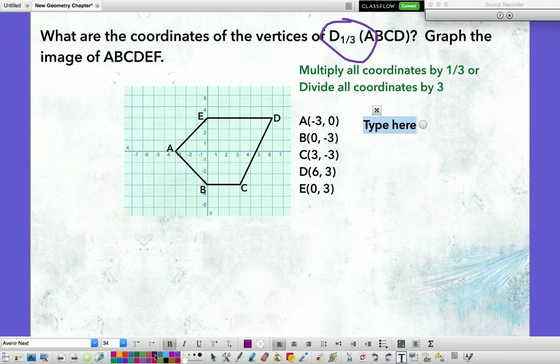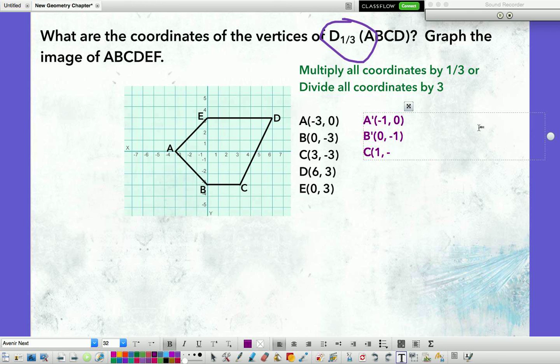Okay, so we're going to check out A prime. If I'm dividing -3 by 3, I get -1. If I divide 0 by 3, it's 0. B prime would be 0, -1. -3 divided by 3 is -1.